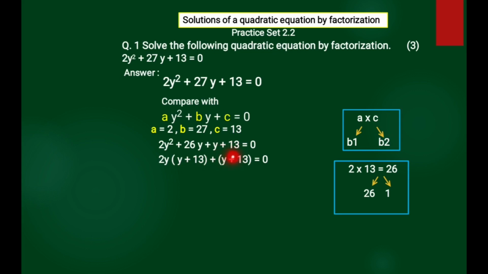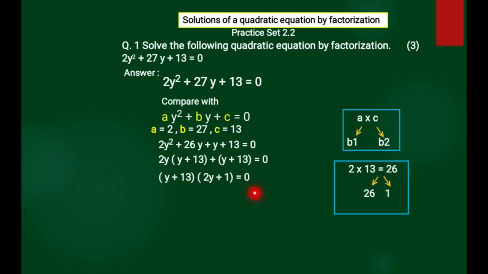So you have to write just y and 13 in the bracket. Now again take this y plus 13 common. After taking y plus 13 common, we get 2y plus 1, because the coefficient of this bracket is not given, that means we have to take it as 1. So we write y plus 13, 2y plus 1 equals 0.